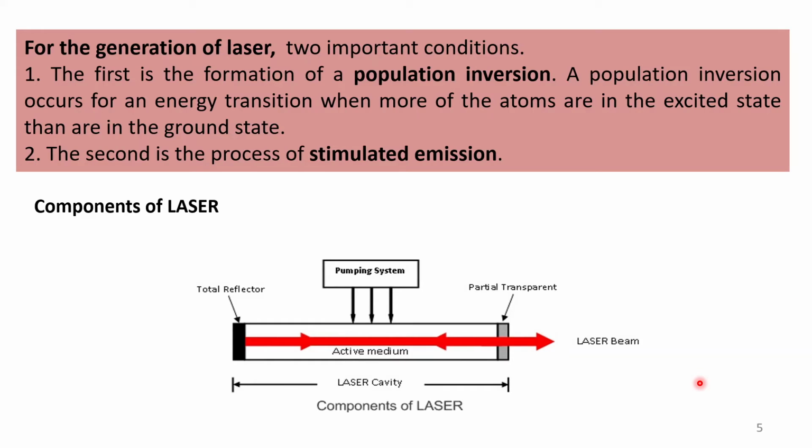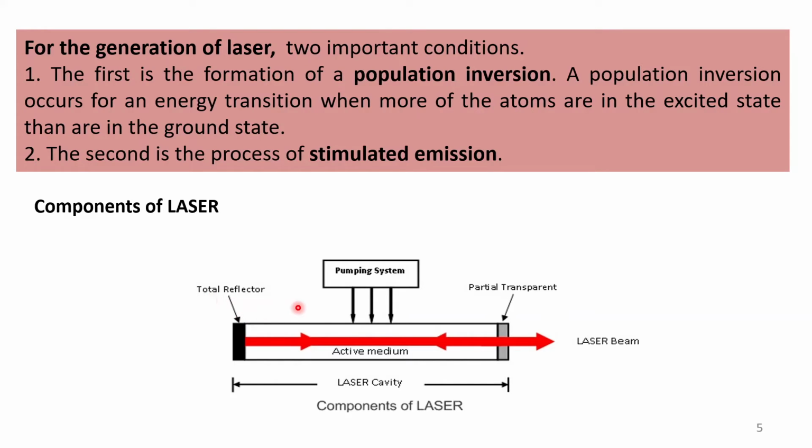Now I want to tell you the different components of the lasers. Now see here, this is the basic block diagram of the laser, and it consists of different components such as the active medium. Now there are two mirrors used, which are known as the reflectors.